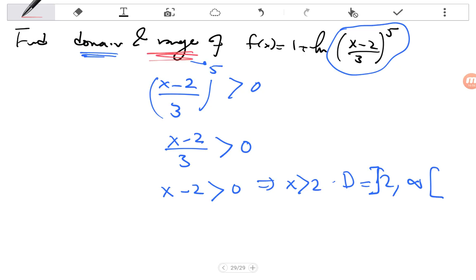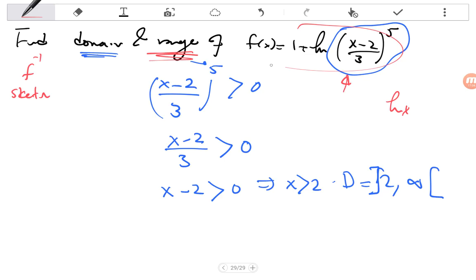To find the range, we studied 3 methods. The first method is by the inverse and finding the domain of the inverse. What are the 2 other methods? We learned by sketching. This function is sketchable because I know how to graph ln x.